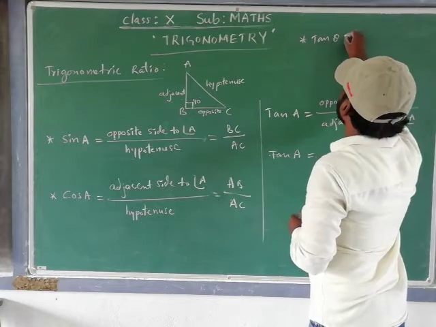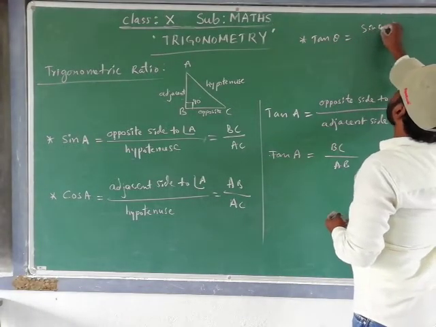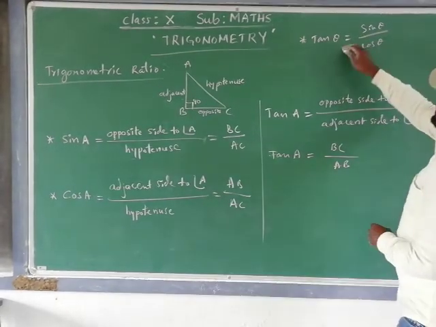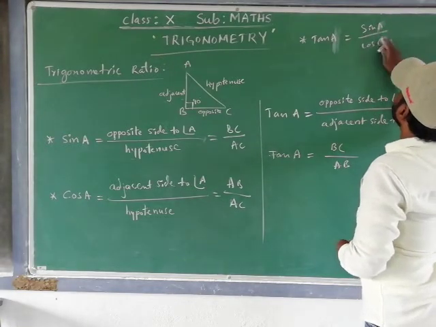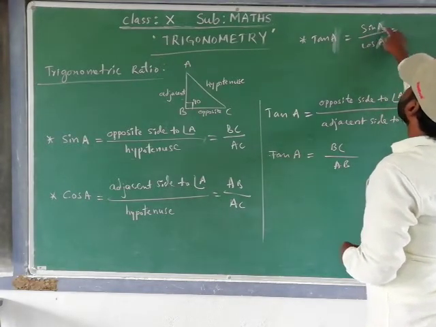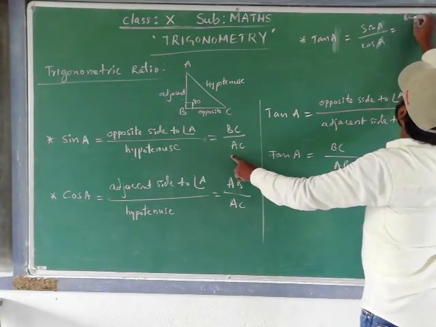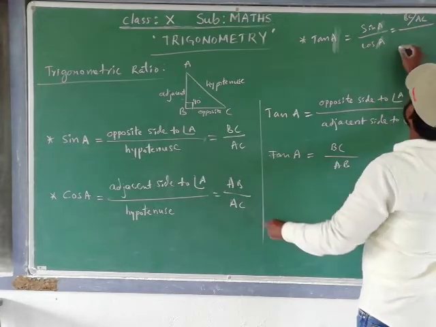But the tan formula is also there: for any angle theta, tan theta is equal to sin theta by cos theta. Here in place of theta we have taken A. Sin A is BC by AC, and cos A is AB by AC.